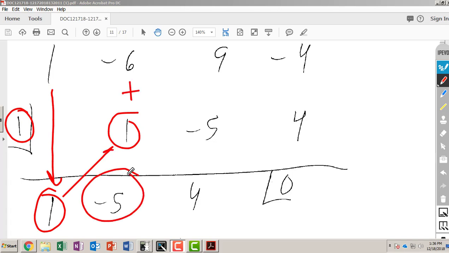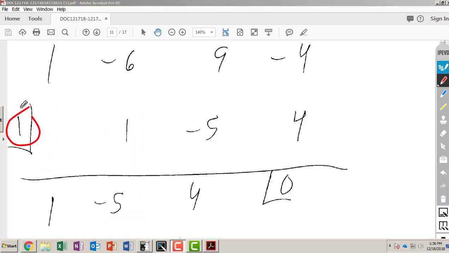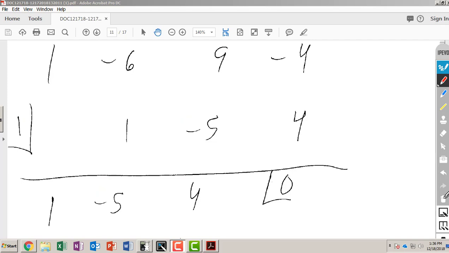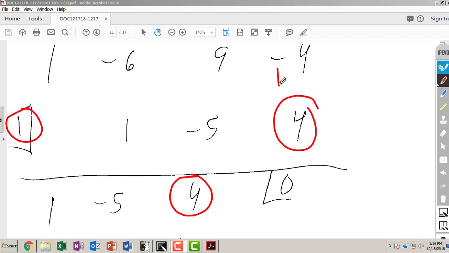I repeat that process again. I take 1 times negative 5, I get negative 5. I add that together and get a positive 4. Then I take 1 times 4, I get 4, I add that together, and I get a remainder of 0.